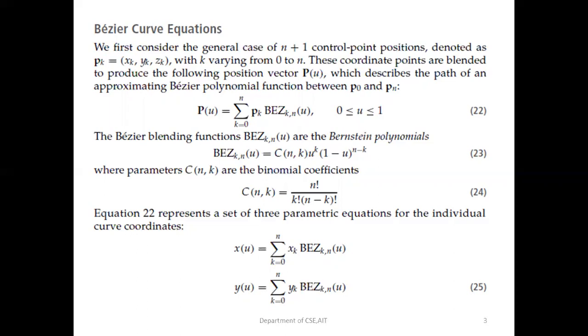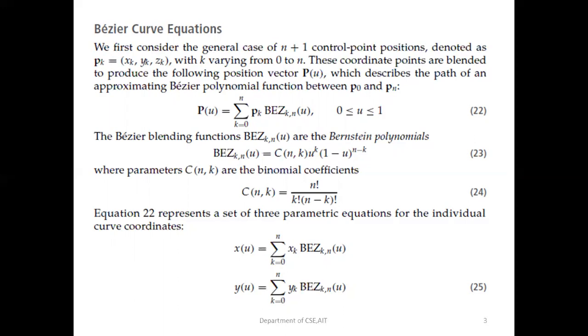The Bezier blending functions, this BEZ of k comma n of u, are called the Bernstein polynomials. BEZ of k comma n of u is expressed as C of n comma k into u to the power k into 1 minus u to the power of n minus k, where C of n comma k is the binomial coefficient.